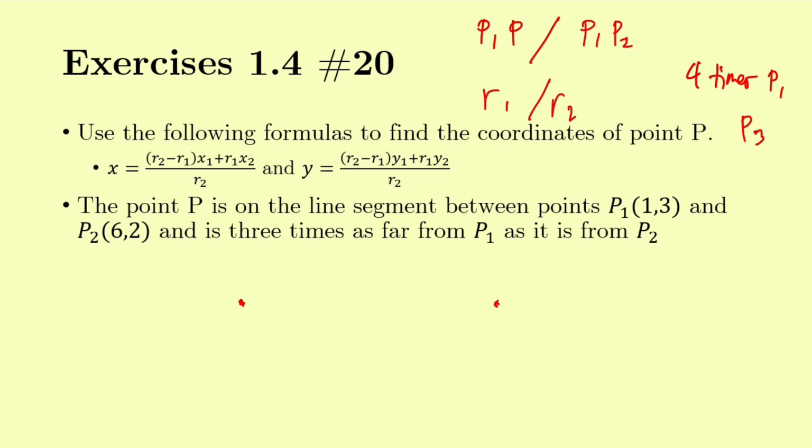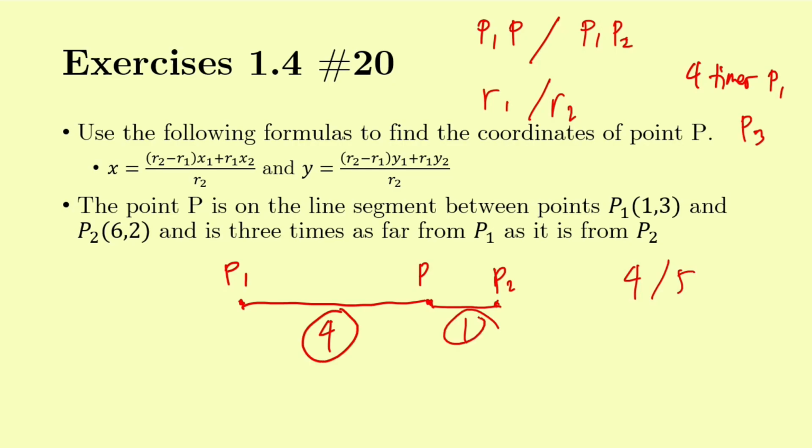Kung 4 times yan, that means ang distance nito kay P1 is in the proportion of 4, and this one has a proportion of 1. So, 4:1 kasi 4 times. Pero, ang gagamitin mong ratio is 4 over 5. So, you add. Para sa R2, you add 4 and 1 para makuha si 5. That's how we're going to use it here sa ating example.